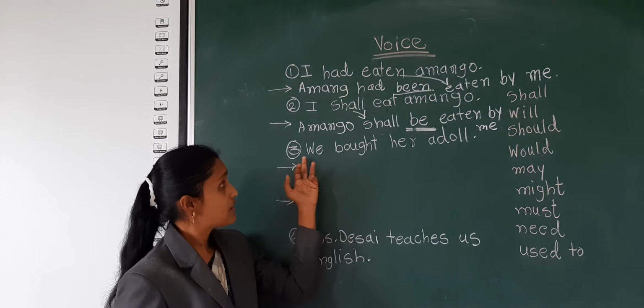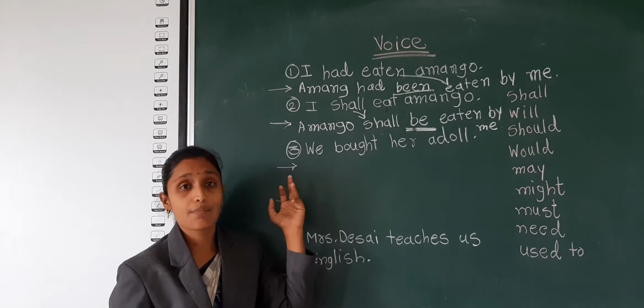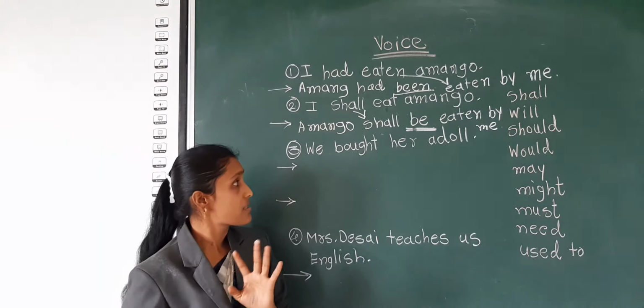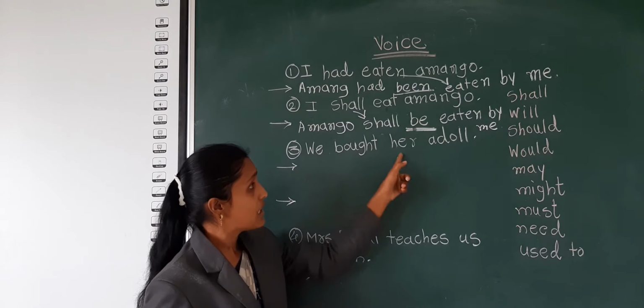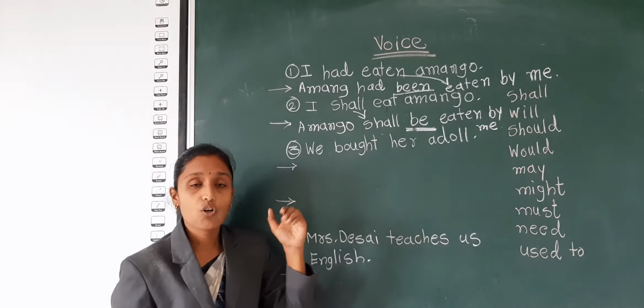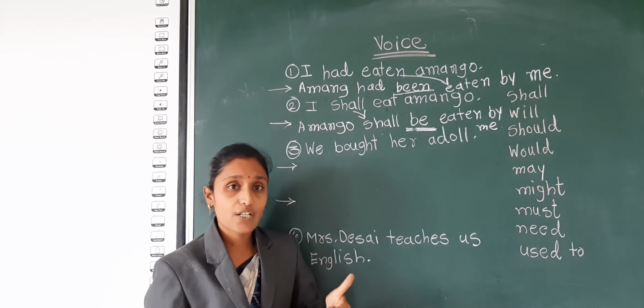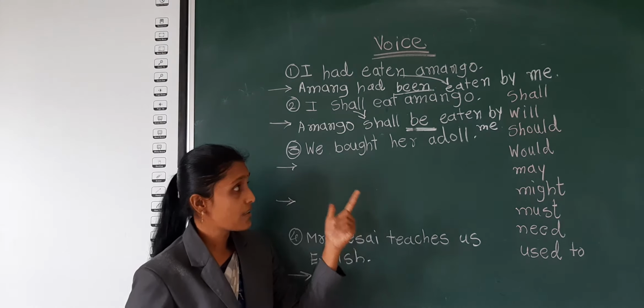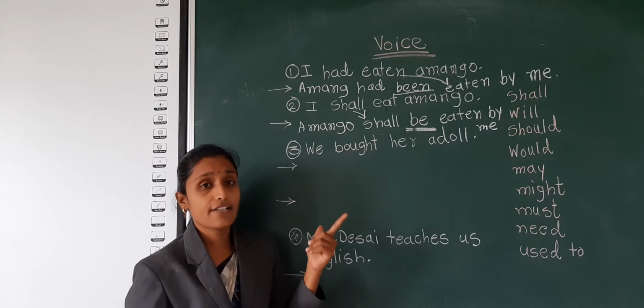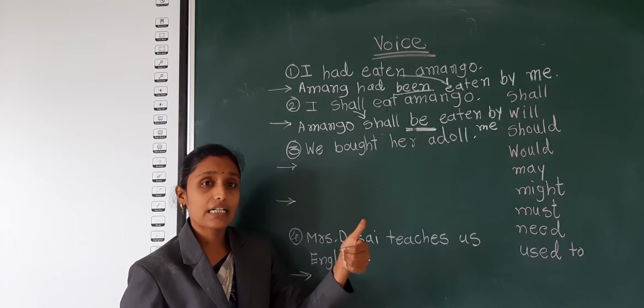Okay, now see one different example I used here: "We bought her a doll." Here, two types of object are given, students: the direct object and the indirect object. Then how do we identify which is direct and which is indirect?